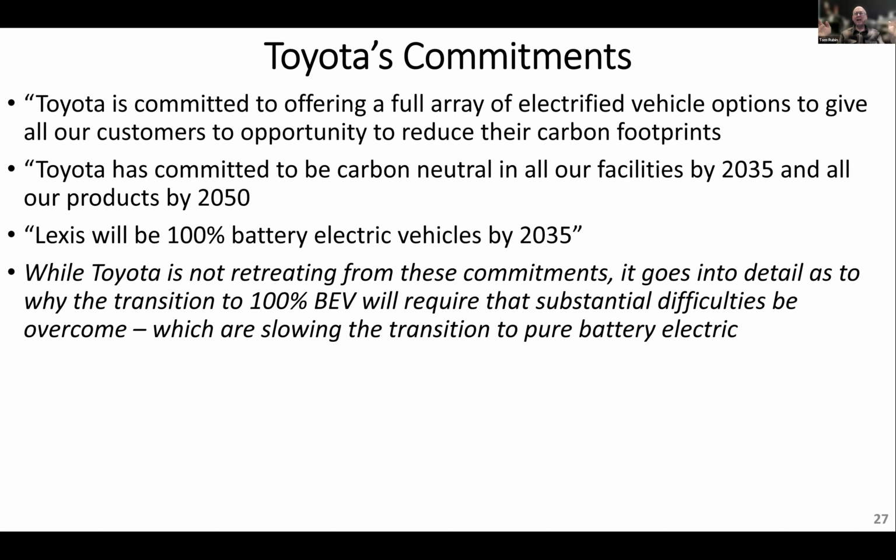Specifically, it's from a document it sent out to its franchisees to explain what they're doing and why. And there are their commitments, and they are not backing off from these commitments. These first three are direct quotes from Toyota, and that's their commitment.